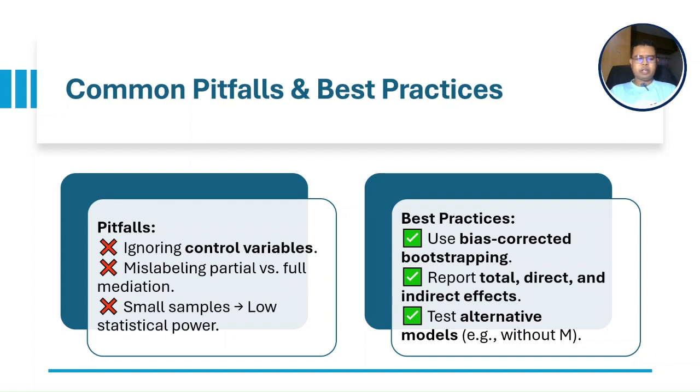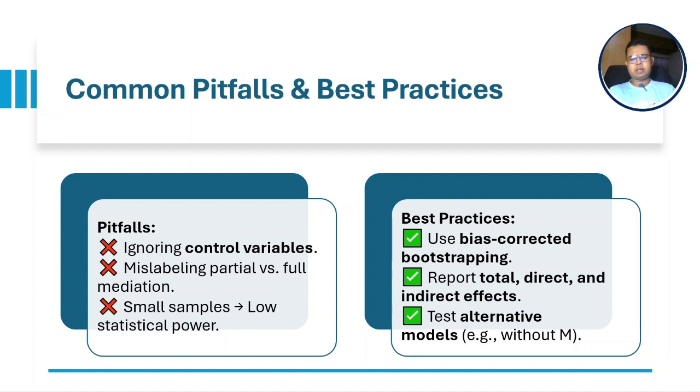So keep in mind, when you have a large sample, you have a big chance to get a significant result. But if your sample size is low, maybe there will be a problem, right? But it's controllable if you use PLS-SEM or SmartPLS, right?